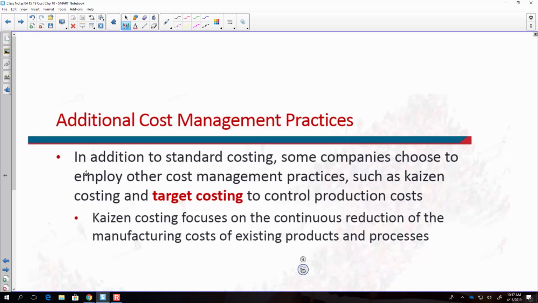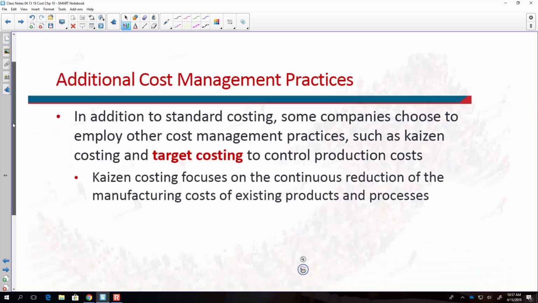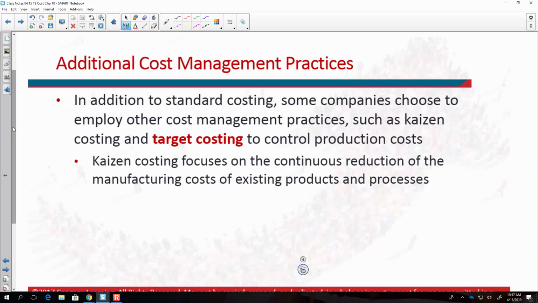A couple of terms before we end for today. One is called target costing. These are terms that will be on the multiple choice questions, as well as Kaizen costing. It's a Japanese term. Terminology that is used in practice.